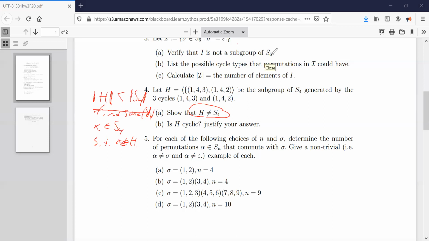Cool. What does it mean that they are even permutations versus odd permutations? Can somebody give me a definition of that? Doesn't have to be Justin. Anybody?